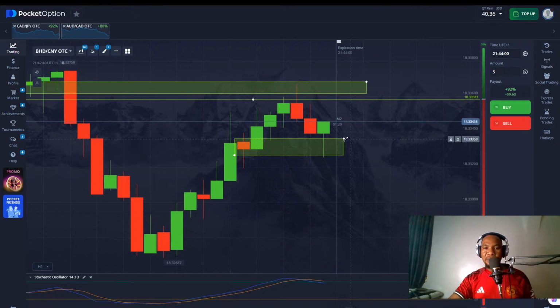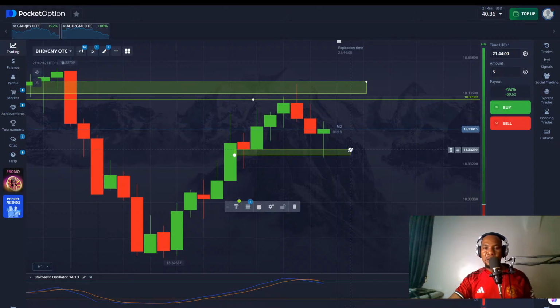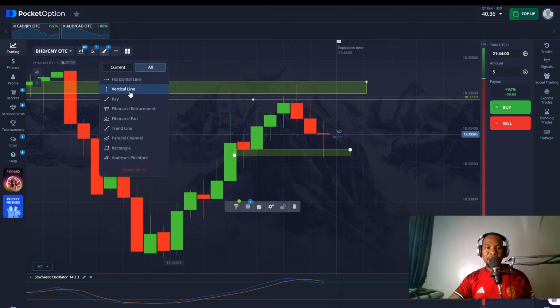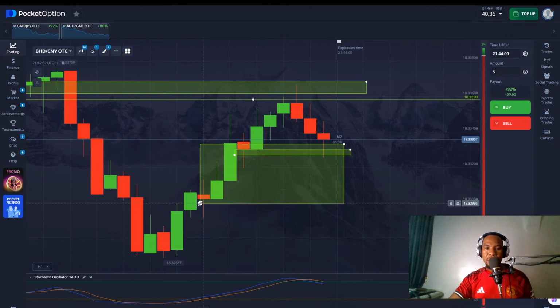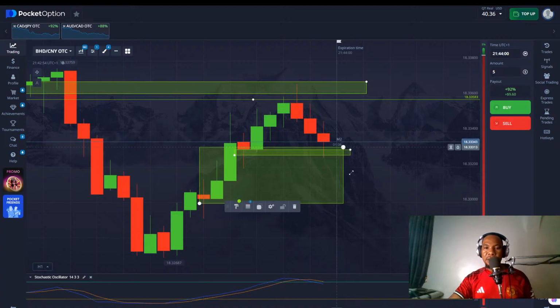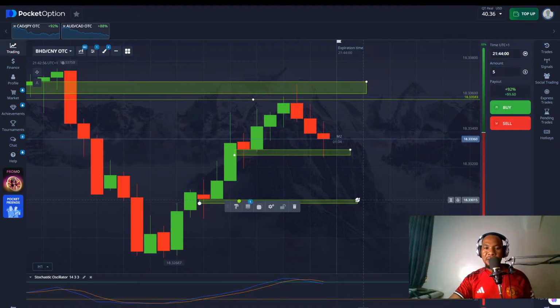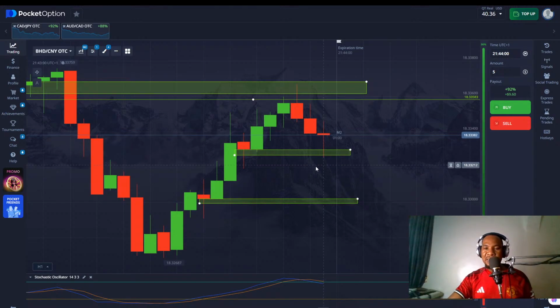So look at this level. This is also a support level. This is one, and we have another level here. So all these levels may react, price may react at all those levels.